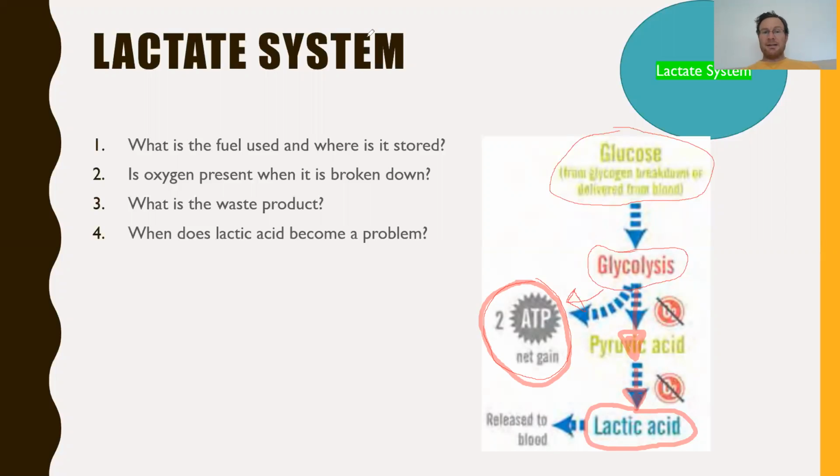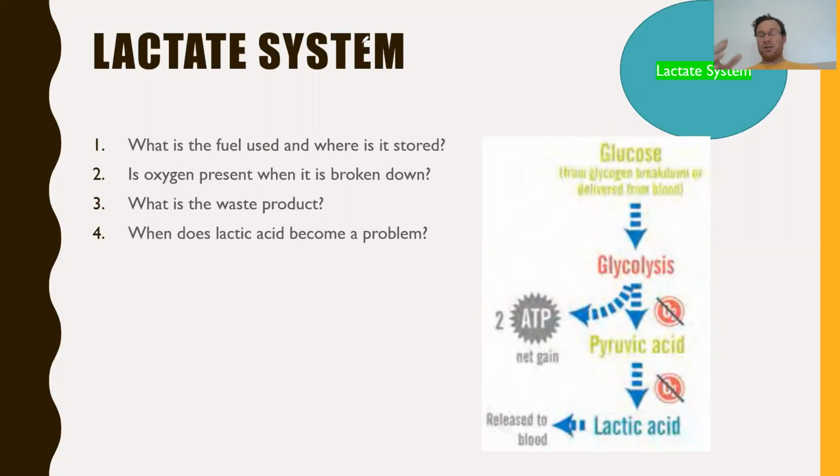So this lactate system is a quick energy system that does have byproducts. So the fuel that we use is glucose or glycogen. Oxygen is not present. The waste product is lactic acid.